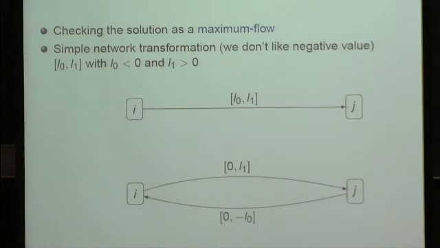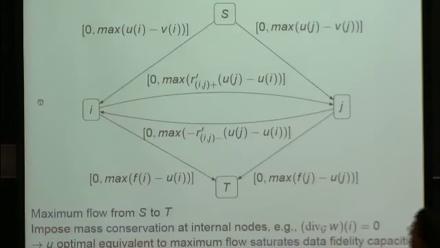In computer science, we don't like negative numbers. So what you generally do is remove the negative numbers, replacing one edge by two edges, and here you put 0, L1, and 0, minus L0, just because you don't like negative numbers. And what you get at the end is that kind of graph, which is exactly the graph that we constructed before in computer science.